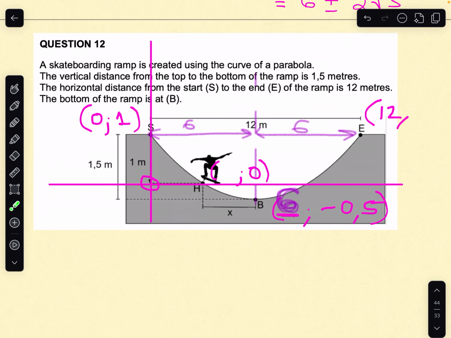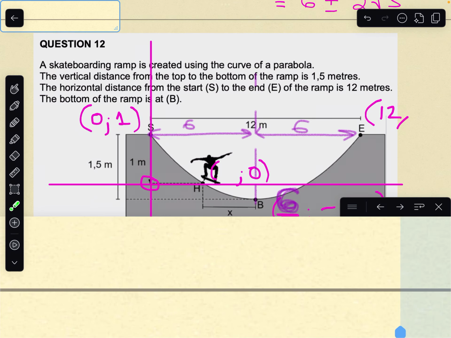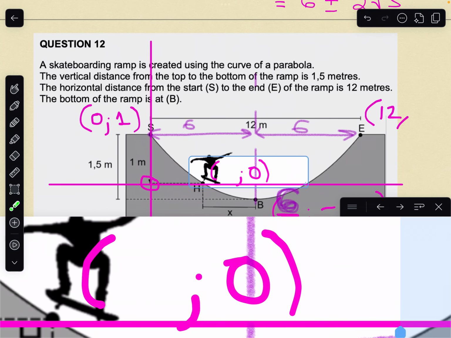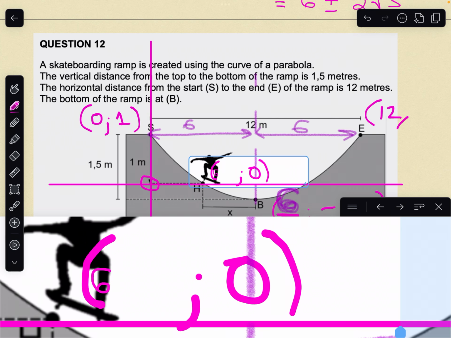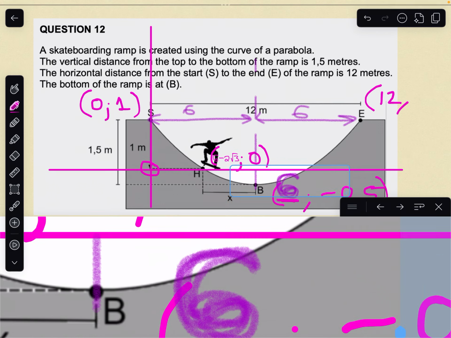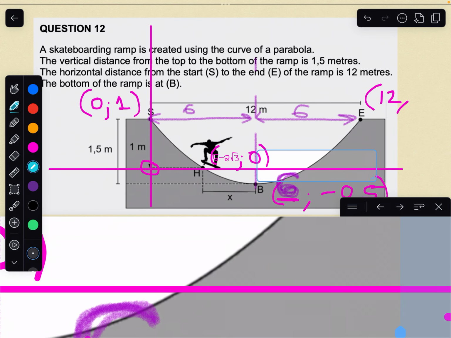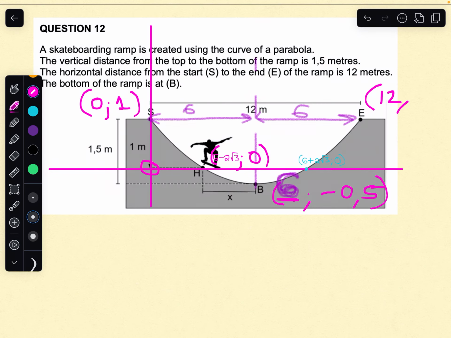So H is the first x-intercept, meaning that this will be, I need to put in my microscope now so that I can write finely, this will be 6 minus 2 root 3. This other x-intercept over here, just for fun, would be 6 plus 2 root 3 and 0. Thank you, microscope, for your services.